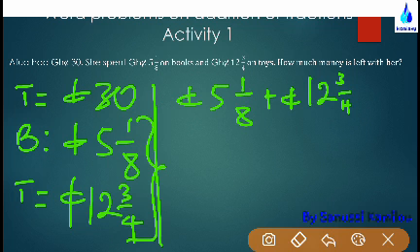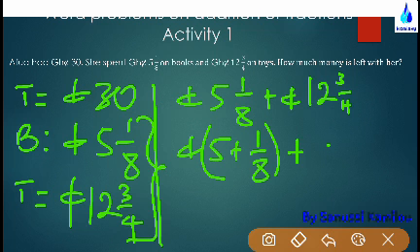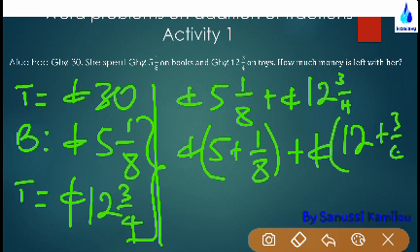We have learned how to do this. We have learned that this one is the same as 5 plus 1/8. And then the other side, can we do the same thing? Yes, 12 plus 3/4. Very good.